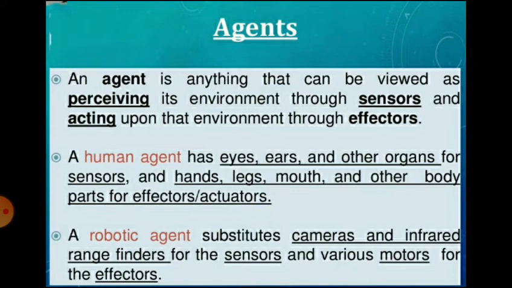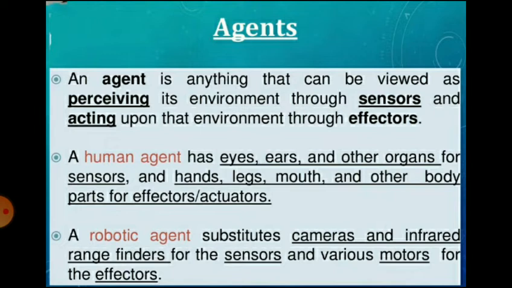A human agent has eyes, ears, and other organs for sensors, and hands, legs, mouth, and other body parts for effectors or actuators. A robotic agent substitutes cameras and infrared range finders for the sensors and various motors for the effectors.